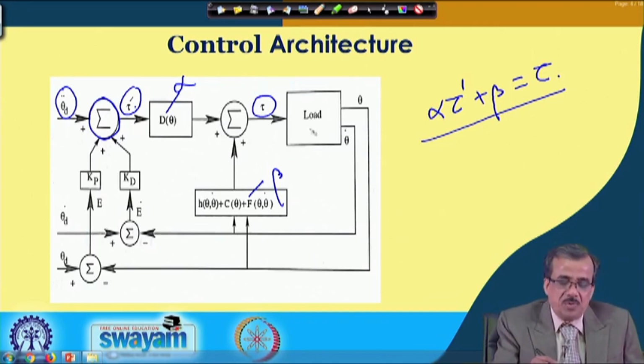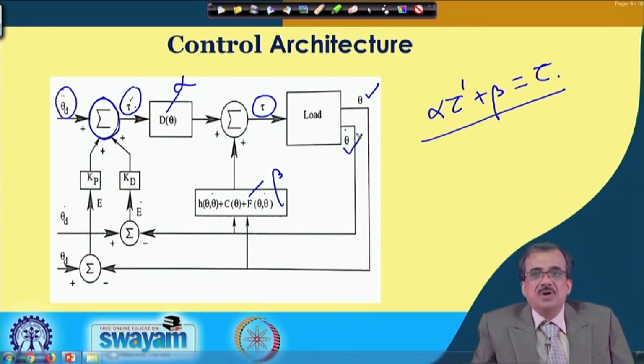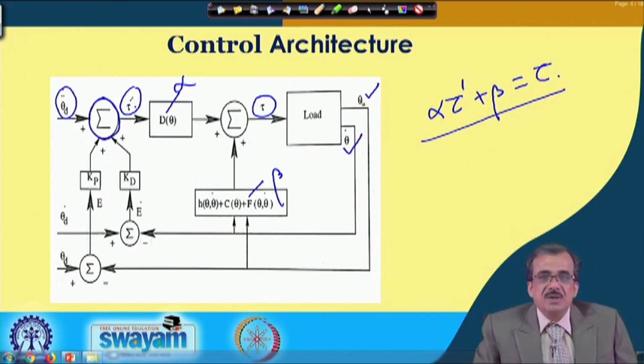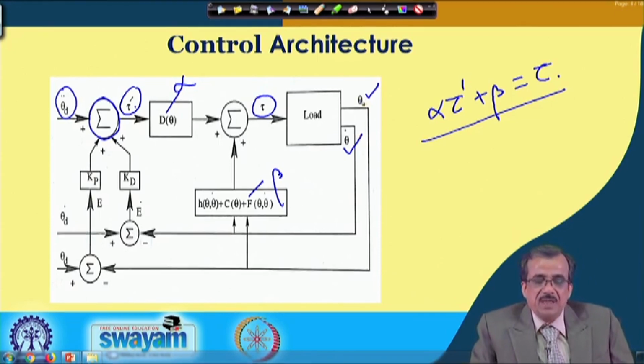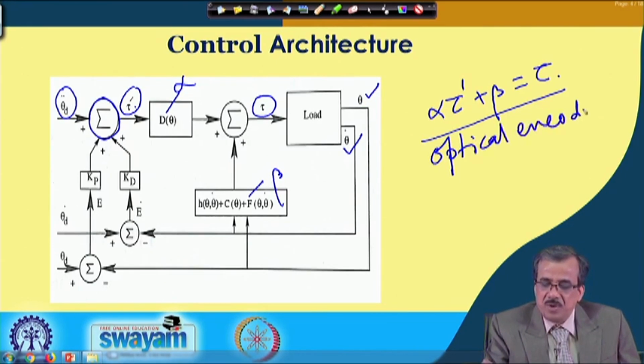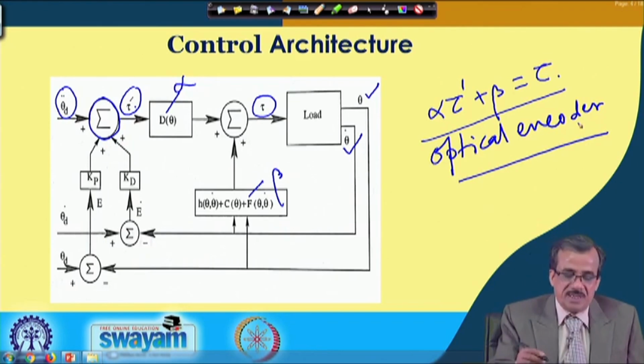If I put a mechanical load here, I will get some angular displacement theta and angular velocity theta dot on the output of the motor. Now, we have to measure this theta and theta dot; for example, we can use an optical encoder.